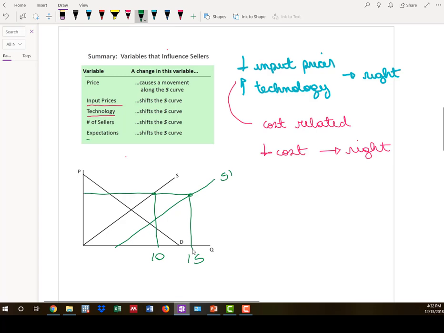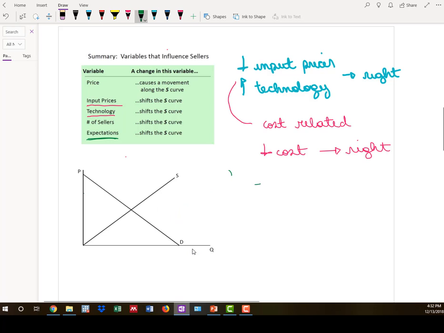And the final determinant is expectations. Now, a typical example of expectations will be the following. Let's say you own a gas station and you have the expectation that the price of the gasoline is going to go up tomorrow.